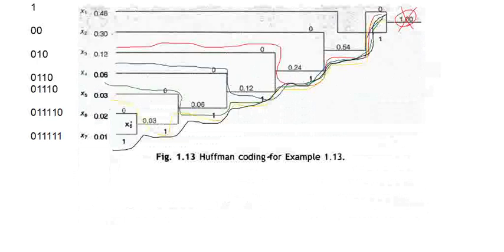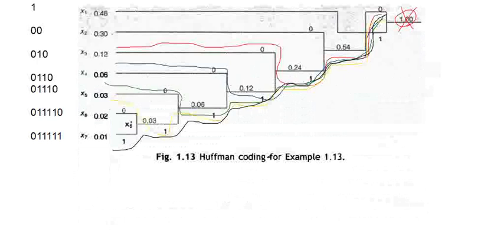But if two probabilities are different, the least probable symbol is assigned 1 and the more probable symbol is assigned 0. When both are the same probability, either 0 or 1 can be assigned to both symbols.